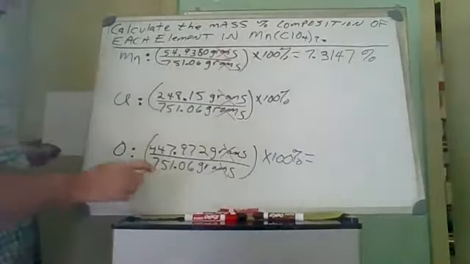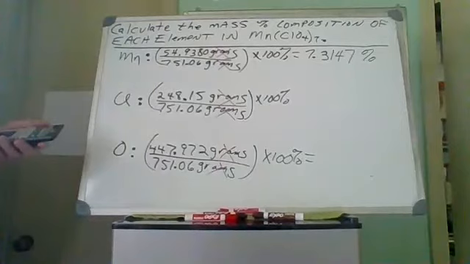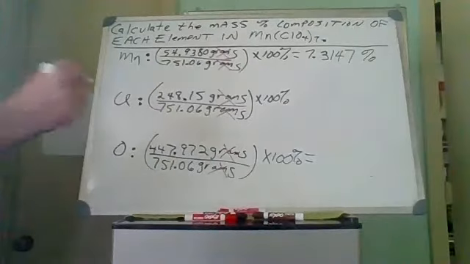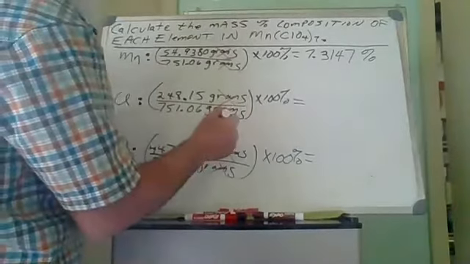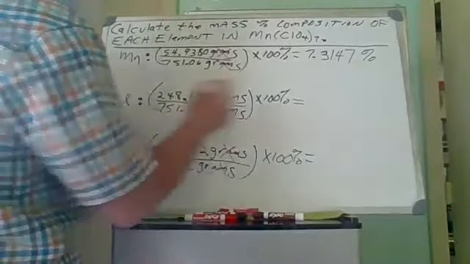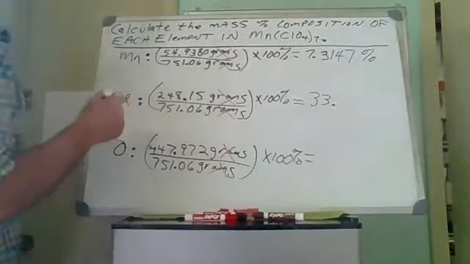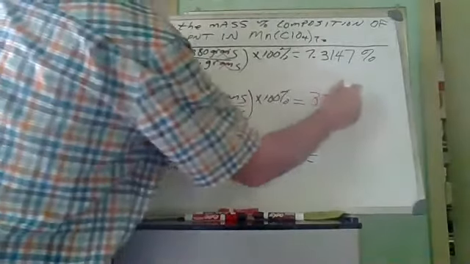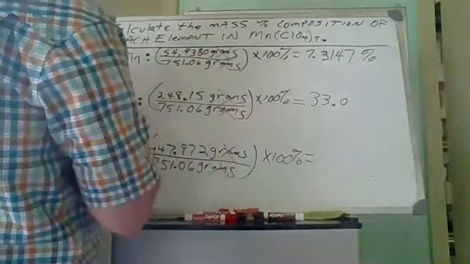All right, let's do the chlorine. 248.15 divided by recall 1 equals, and multiply times 100 there. I get 33.040% after rounding, and I'm going to have 5 digits.